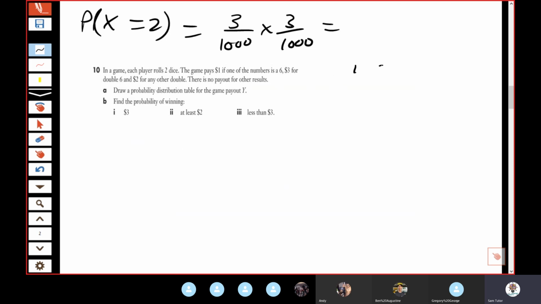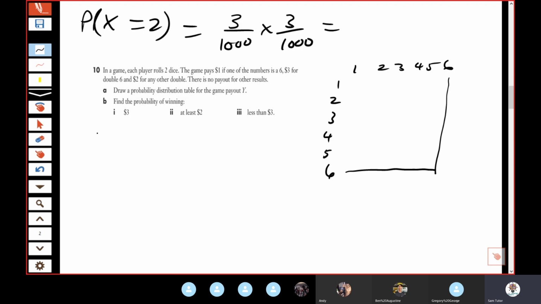Okay, so we've got 1, 2, 3, 4, 5, 6 and 1, 2, 3, 4, 5, 6. $1 if one of the numbers is a 6, so that means all of these numbers and all of these numbers. Are we okay with that?